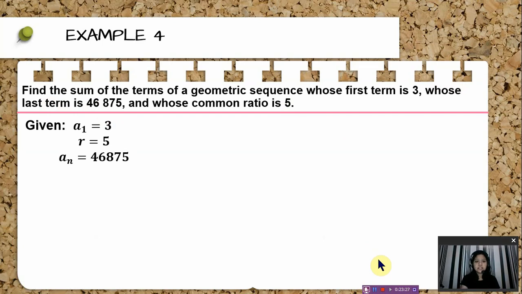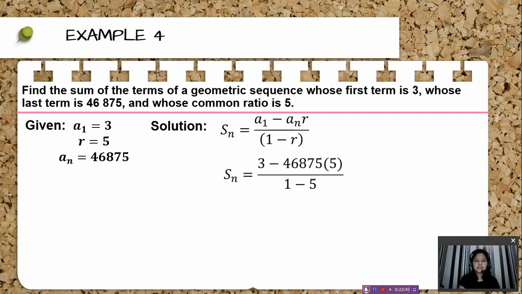Which formula should we use? S sub n is equal to a sub 1 minus a sub n times r, over 1 minus r. So let us substitute the given to the formula. That would be 3 minus 46,875 times 5 over 1 minus 5.